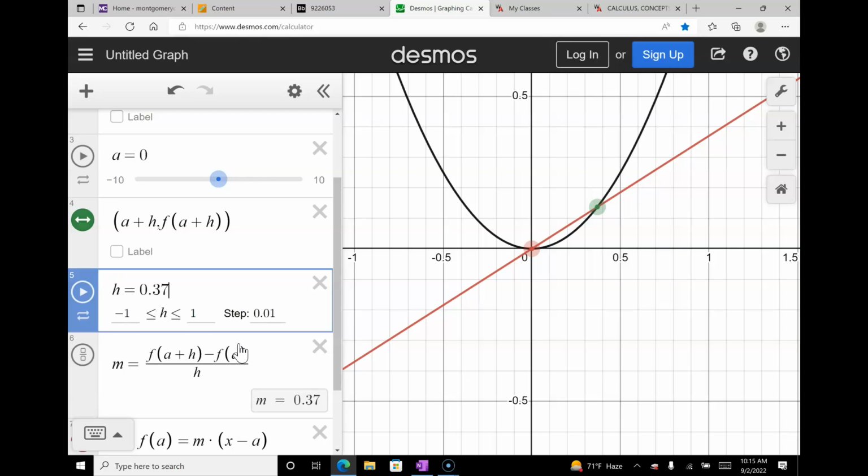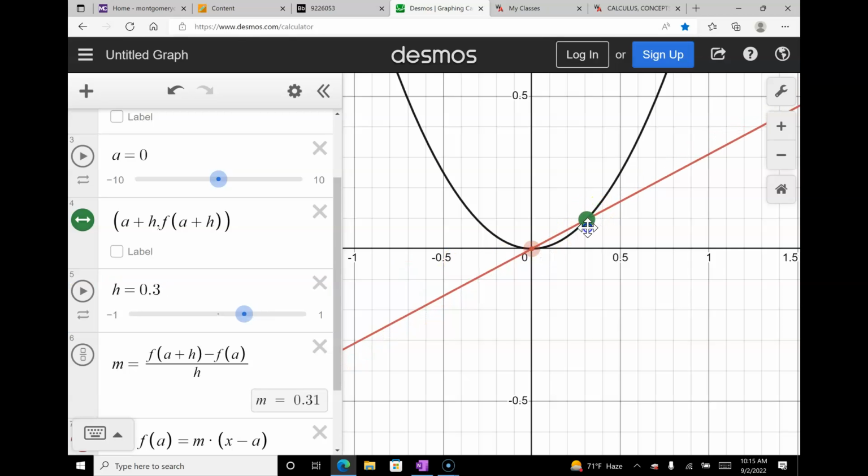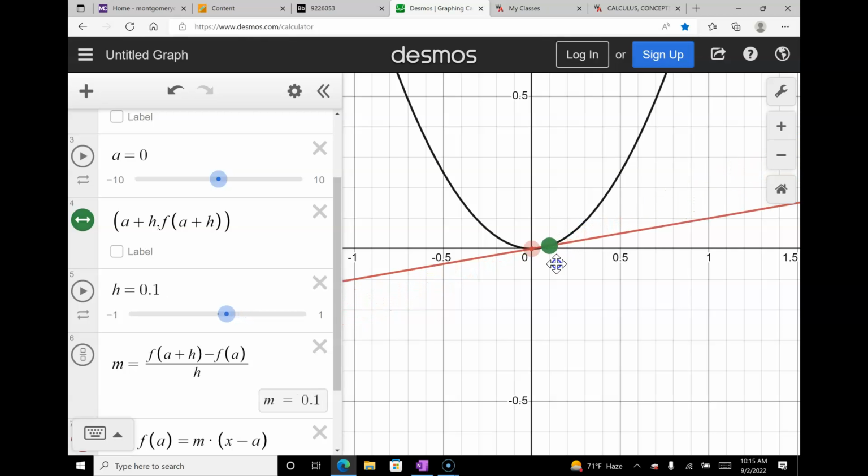So I'm trying to predict what happens when h goes to 0. I'm looking at my slope there. Where do you think it's going? To what slope though? Look at my m value. To what slope am I getting closer and closer?